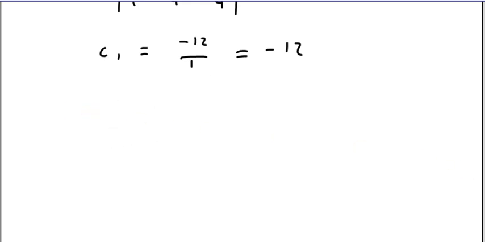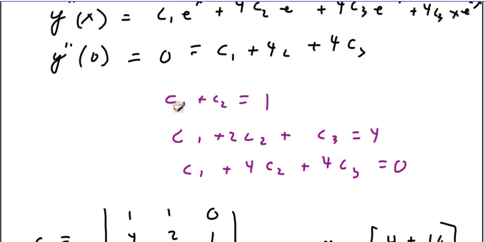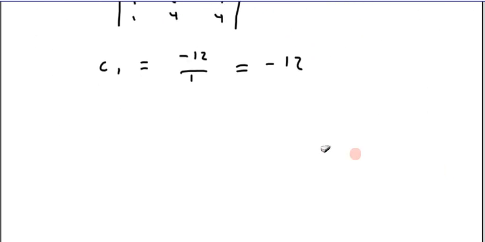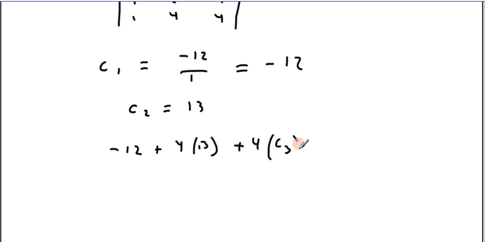If c1 is minus 12, then c2 is 13. Way to go, instructor. c2 is 13. And if c2 is 13, then minus 12 plus 4 times 13 plus 4 times c3 is supposed to be 0.